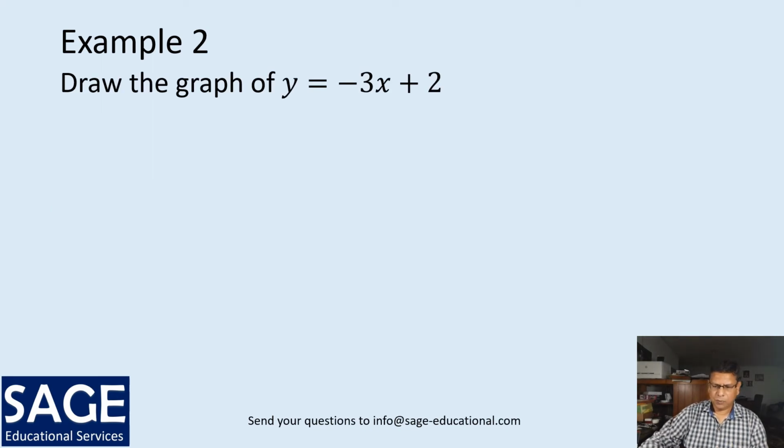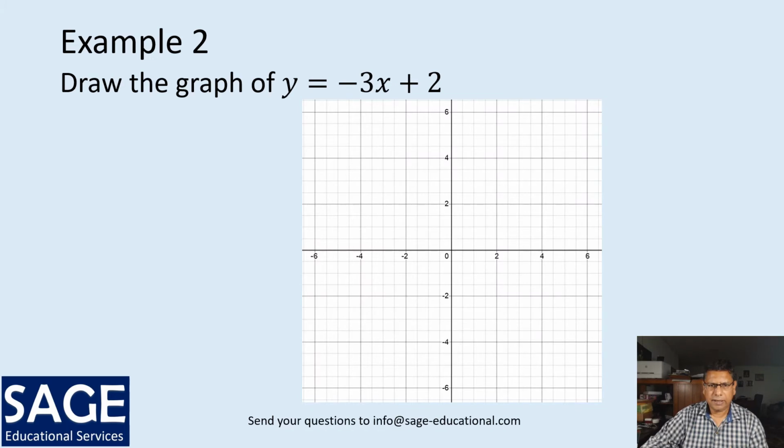Second example, we want to draw the graph of y is equal to negative 3x plus 2. Again, first thing is we compare this equation with the equation y is equal to mx plus b, and what we see there is that m is equal to negative 3 and b is equal to 2.